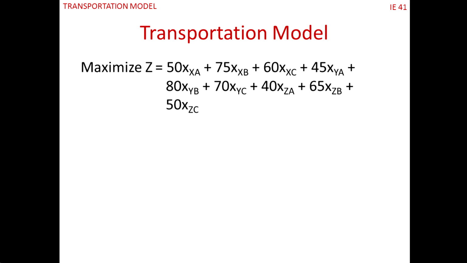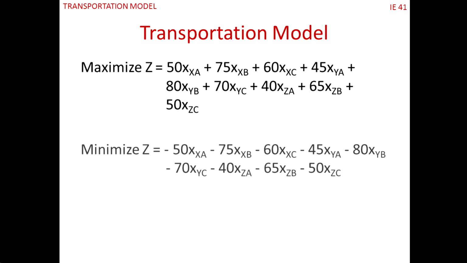Our problem then becomes minimize Z is equal to negative 50xxa minus 75xxb minus 60xxc minus 45xya minus 80xyb minus 70xyc minus 40xza minus 65xzb minus 50xzc.